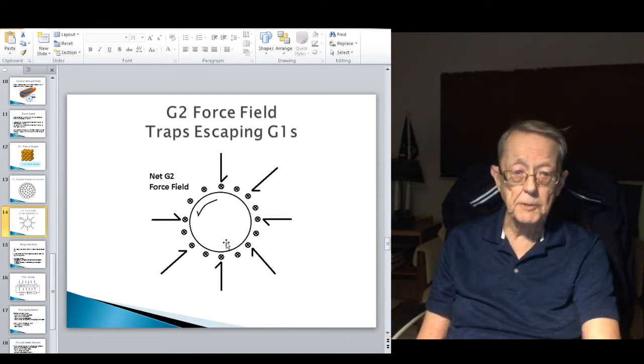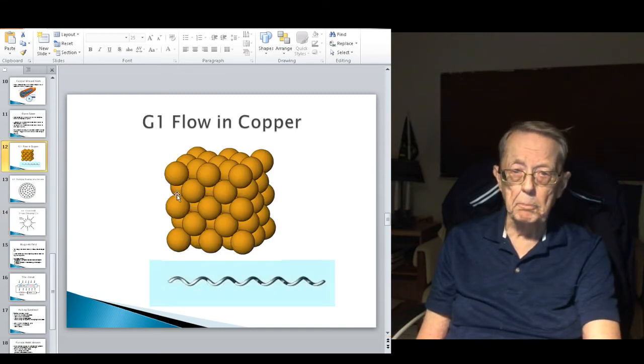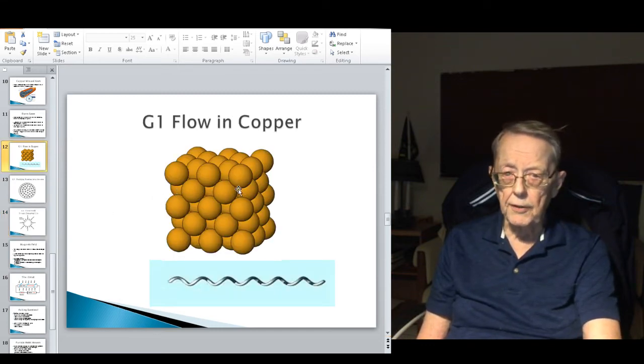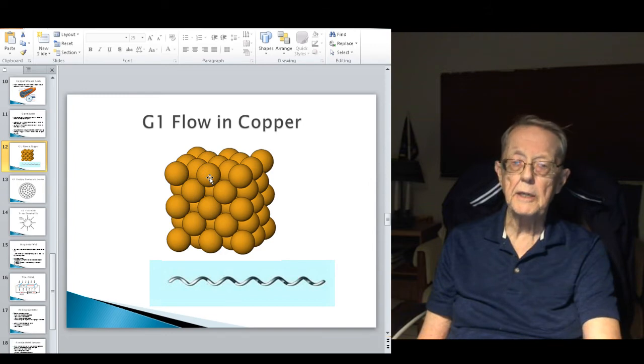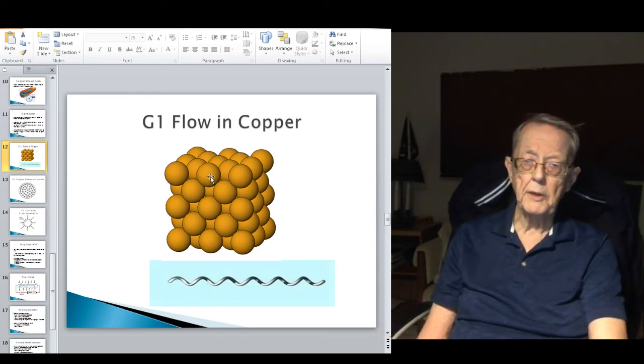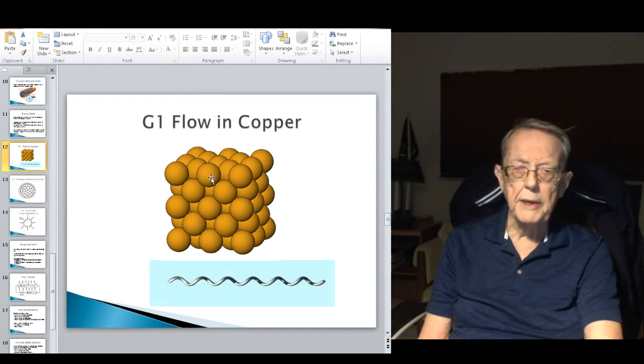Why? Because if I go back to a different picture, the pitch of which I didn't cover, as the G1 particle comes in, it goes up, down, and up. So the pitch could be as tight as the atomic spacing, which is probably in the order of 200 picometers.